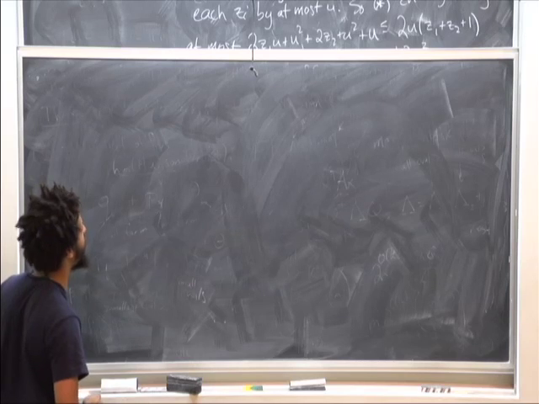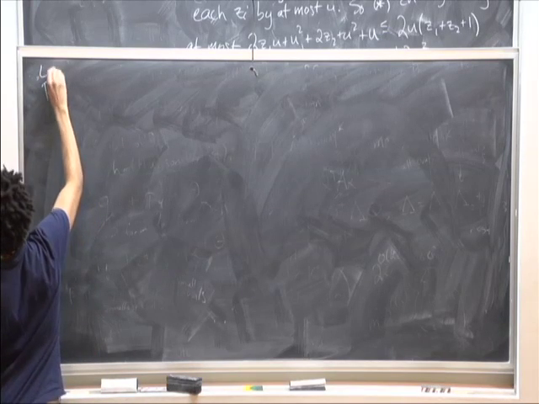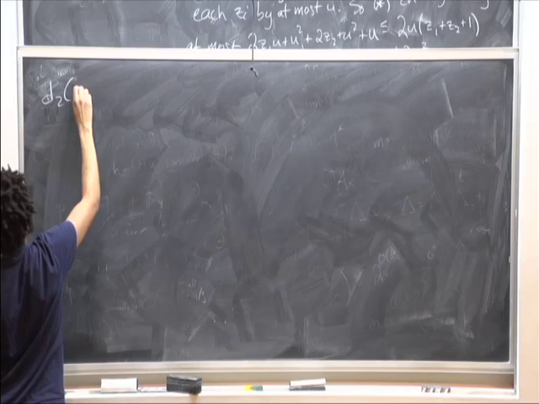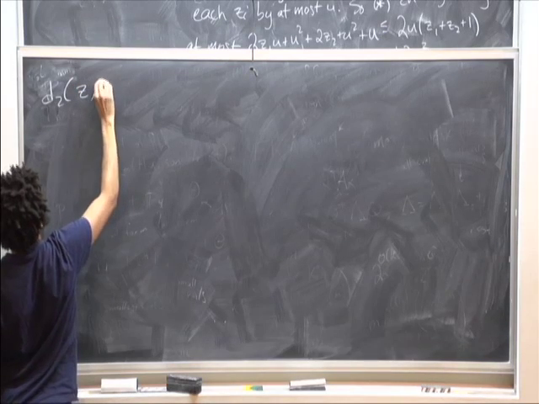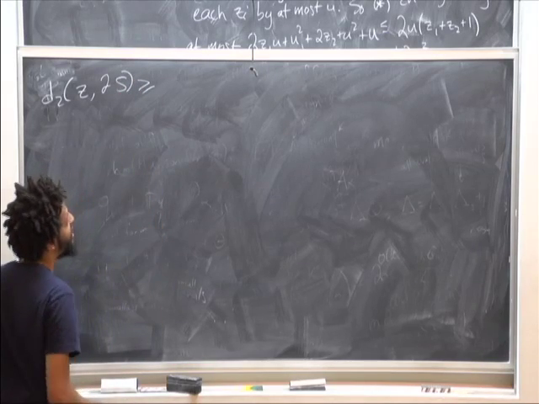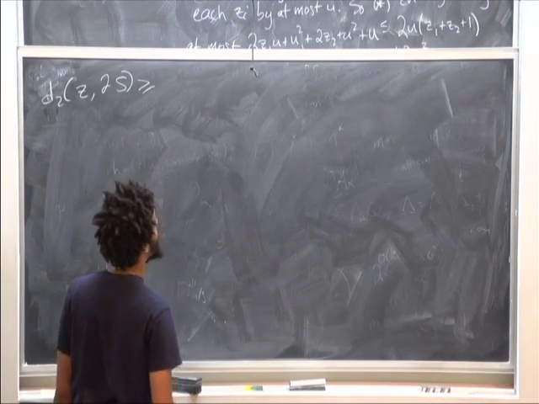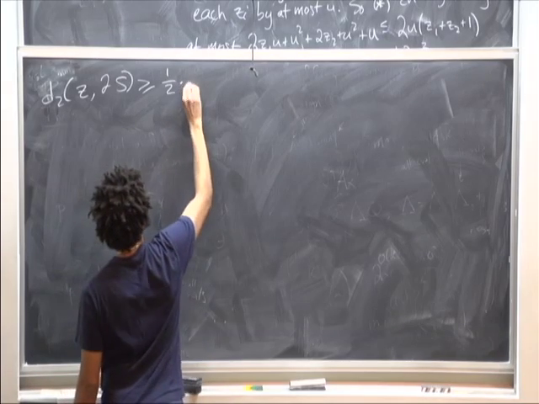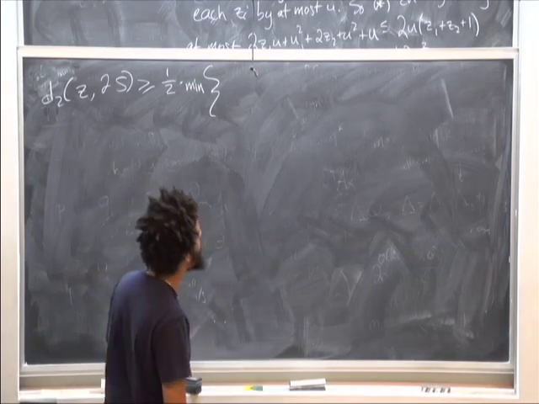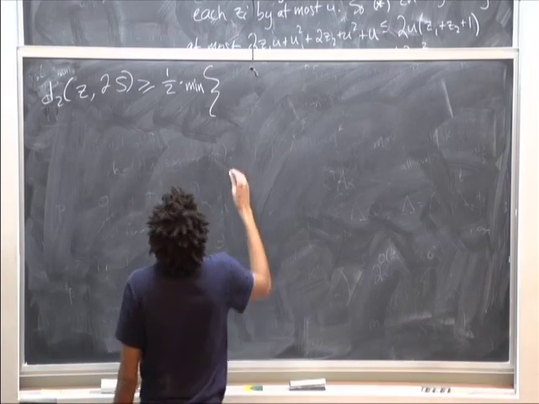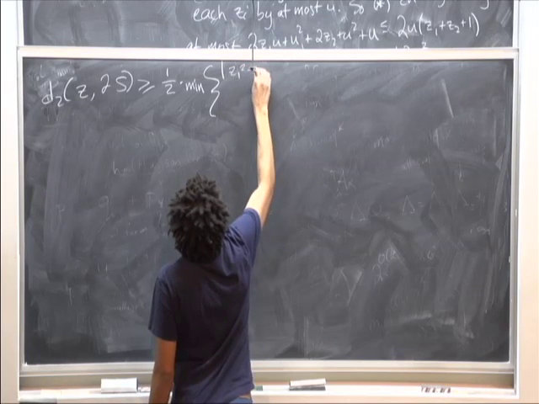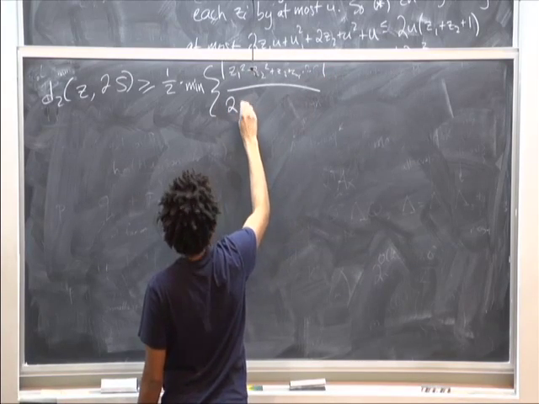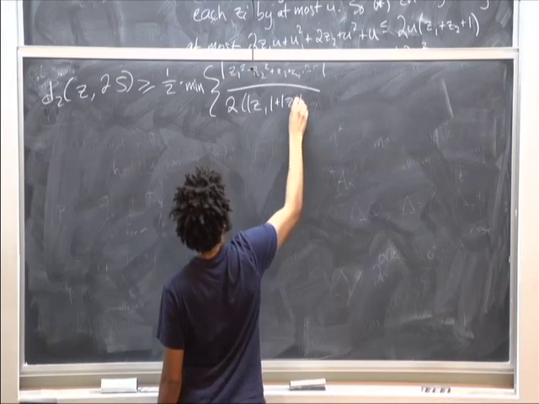Let me say the probability, so lemma. Well, before I do that, let me just say that the distance from z to the boundary of S is at least 1/2 times the min of z1 squared minus z2 squared plus z3 plus z4, etc., over 2 times z1 plus z2 plus 1.